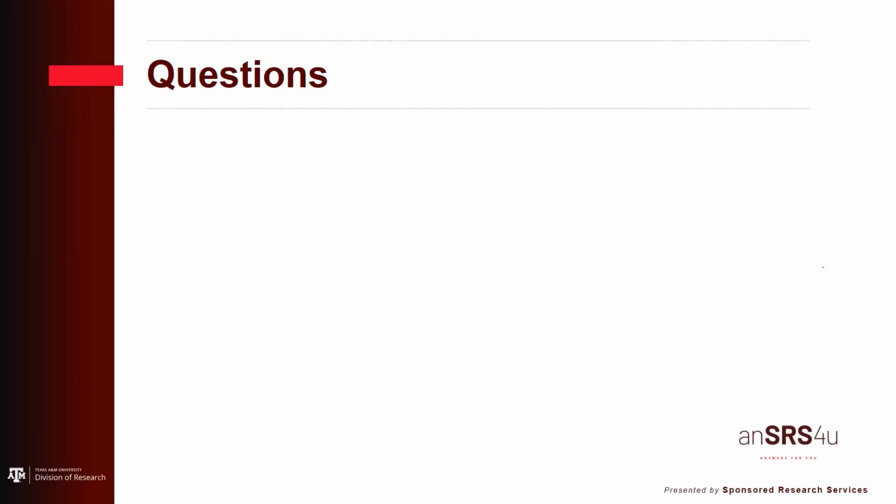Another question: if a researcher makes an invention while not working on a specific project, what are the steps for commercialization of that IP? Does the researcher typically find a commercial partner, or does TTC help with that? Yeah, I'll take that one.